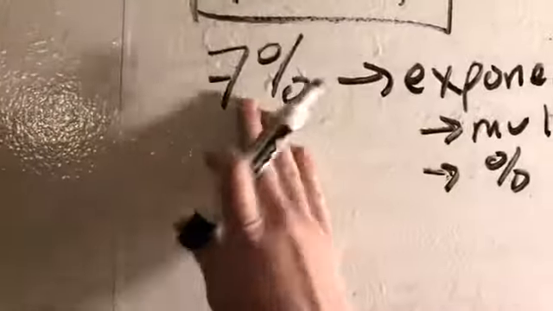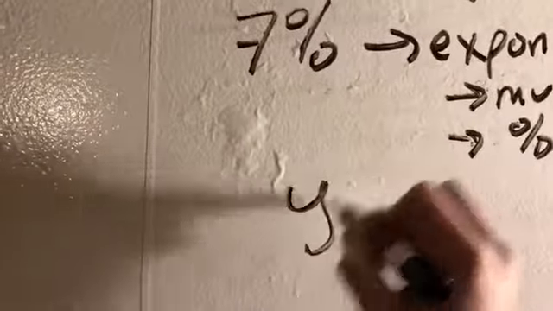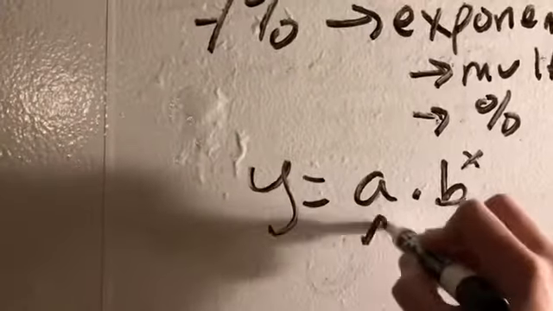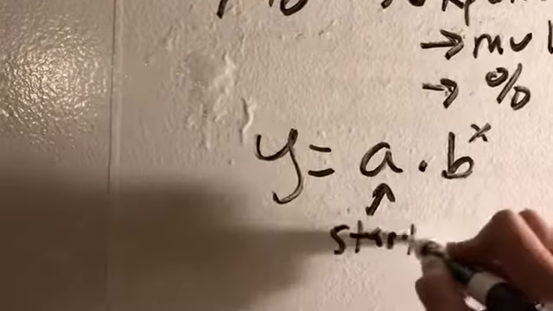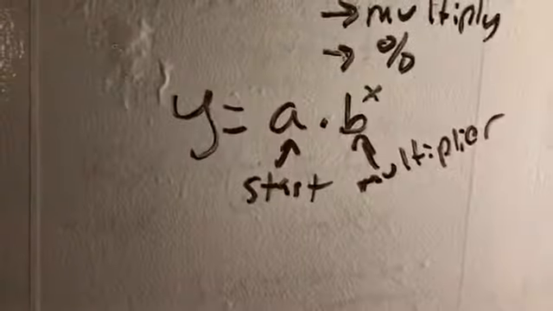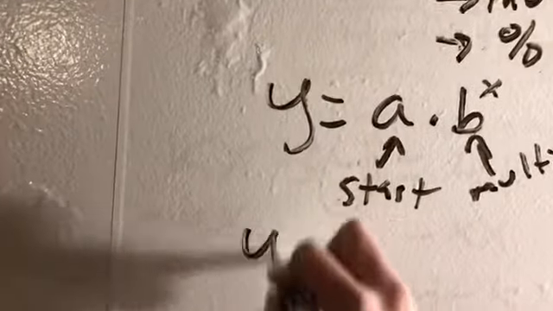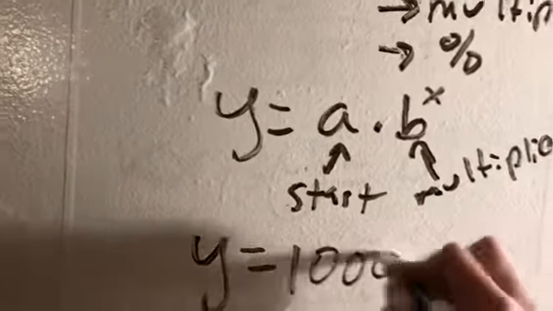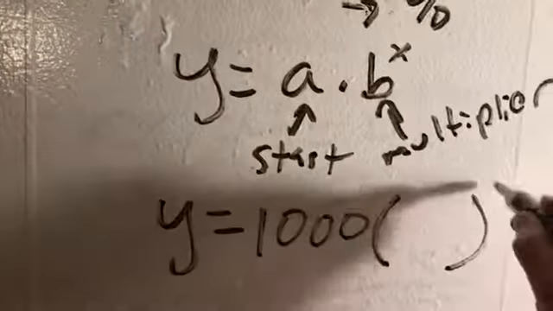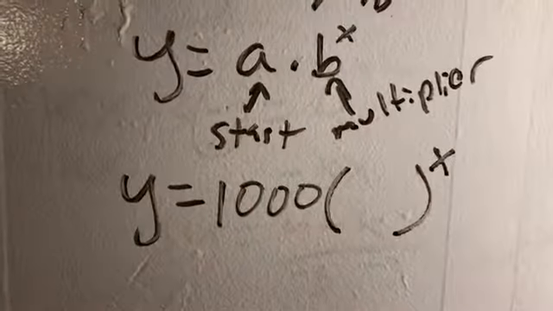So since we're increasing by 7%, we need to use y equals a times b to the x, where a is the start and b is your multiplier change. Okay? So no matter what, in both plans, we're starting with $1,000, and now we need to figure out what the multiplier raised to the x exponent is going to be.